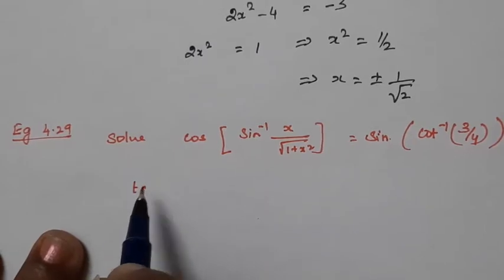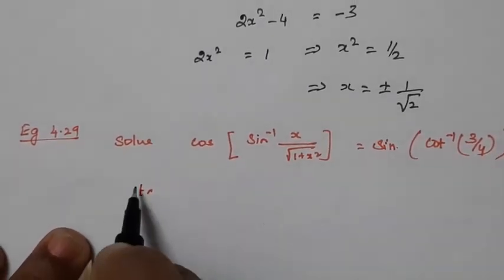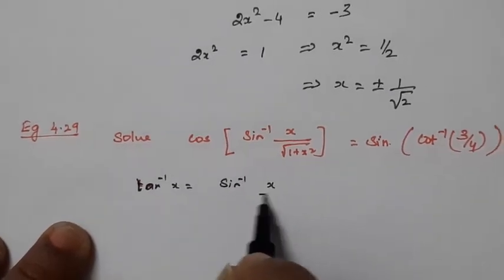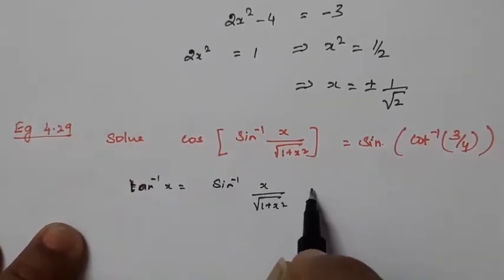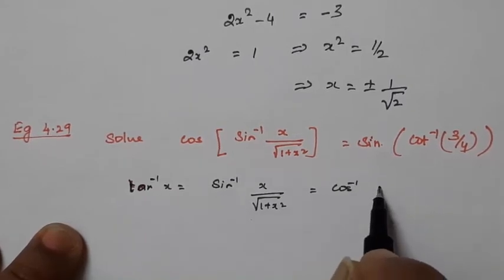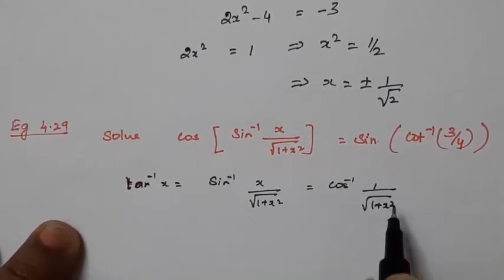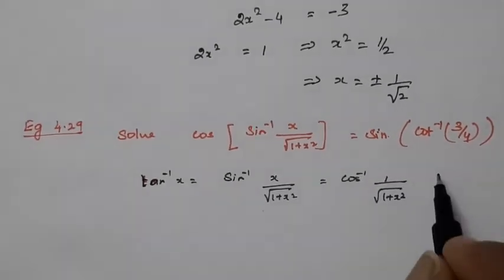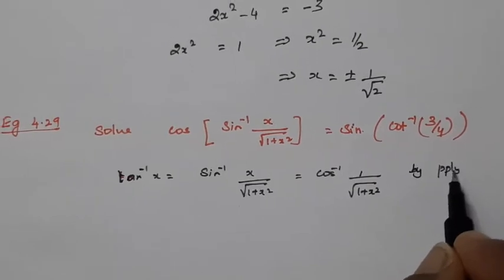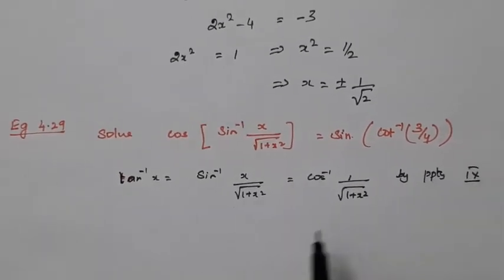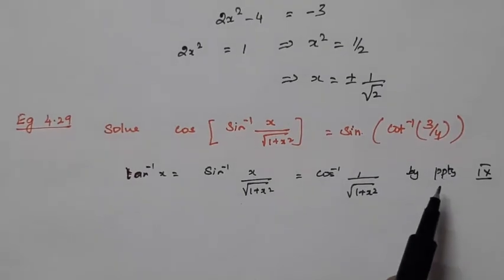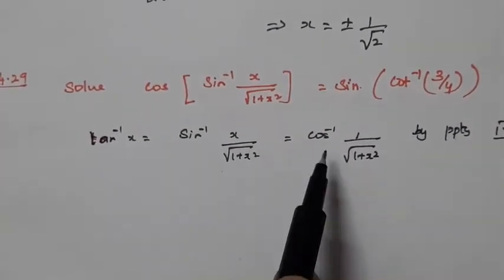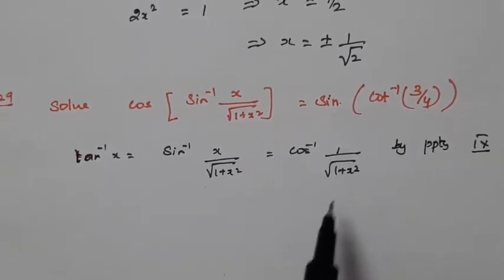We have tan inverse of x is equal to sin inverse of x divided by root of 1 plus x squared, which is also equal to cos inverse of 1 by root of 1 plus x squared. This is by property number 9, and this is the fourth identity under property number 9. Tan inverse of x is equal to sin inverse of x by root of 1 plus x squared, which is also equal to cos inverse of 1 by root of 1 plus x squared.